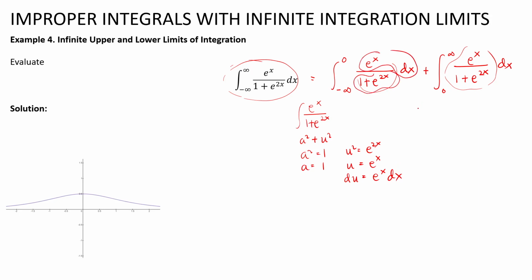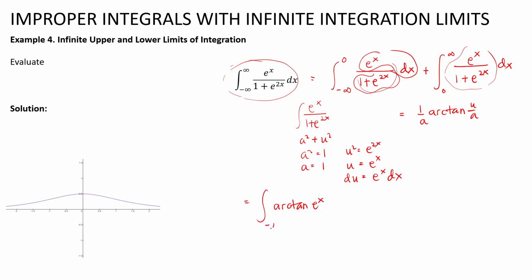This one is a squared plus u squared, so you're going to have an arctangent equation. By formula, this one is 1 over a arctangent u over a. We don't need to put plus c because we are evaluating an integral with limits. So pwede ra walay plus c. So this is just the integral of arc tangent u over a, so that's e to the power of x only.